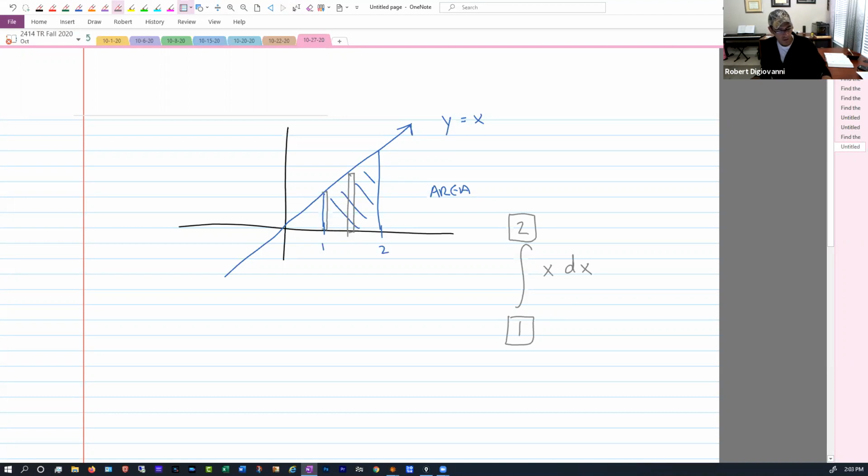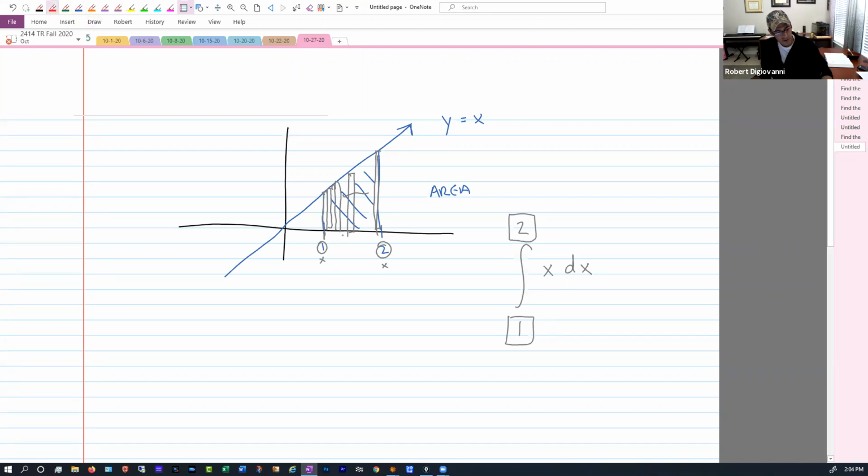They start at 1 and move across all the way until you get to the stopping point of 2. But when we say start at 1, that's an x value. This right here too is the x value. It's not the y value. It's just the value of x.